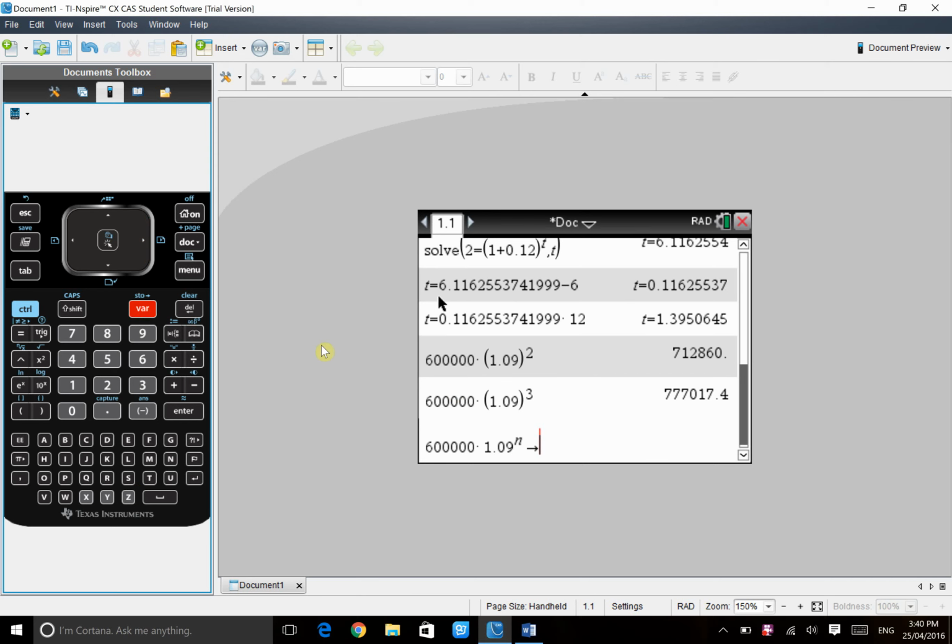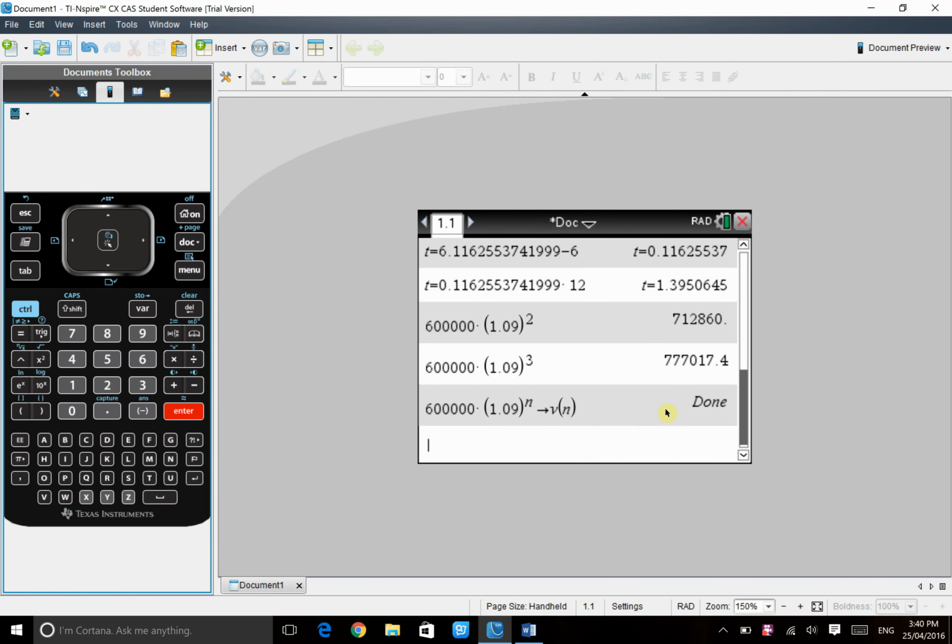I make an arrow. That's how I define the function. And let's press V bracket n, which is V in n years time. So here I need to put n in the bracket. So let's press Enter, and we will have the done here.